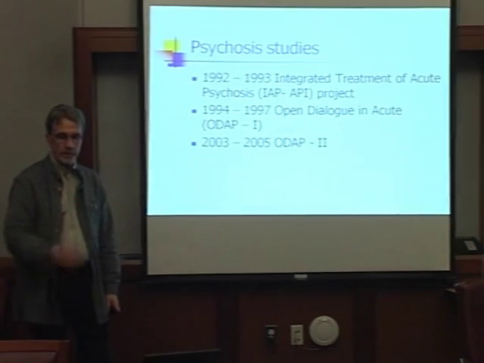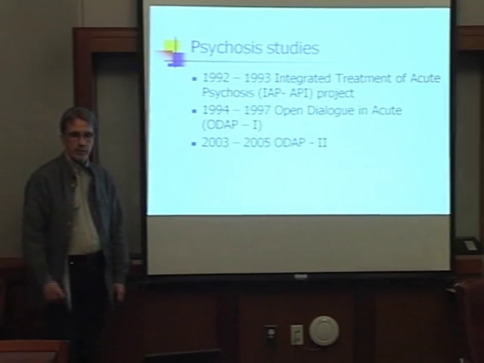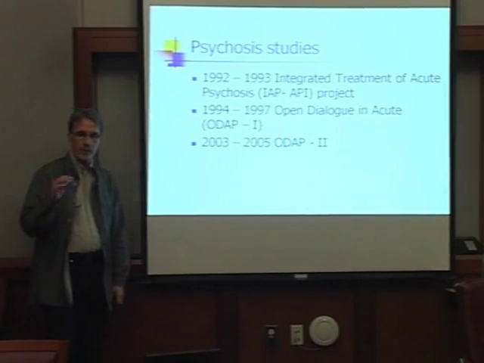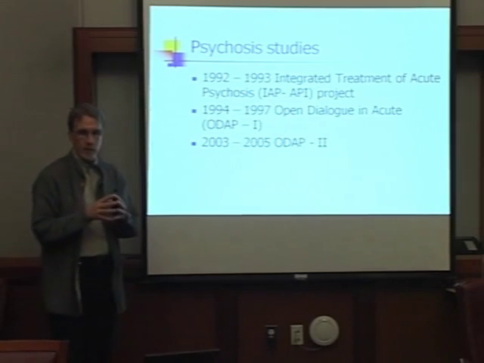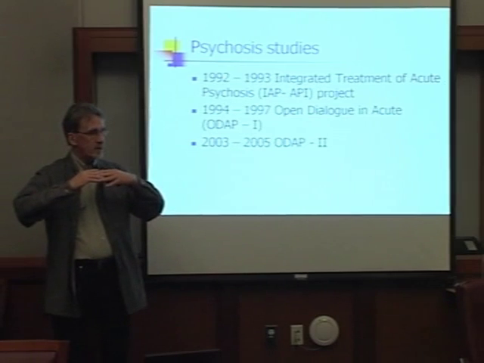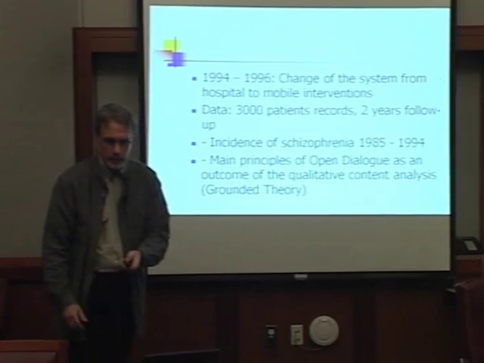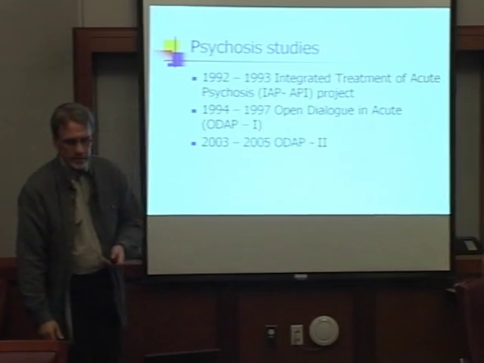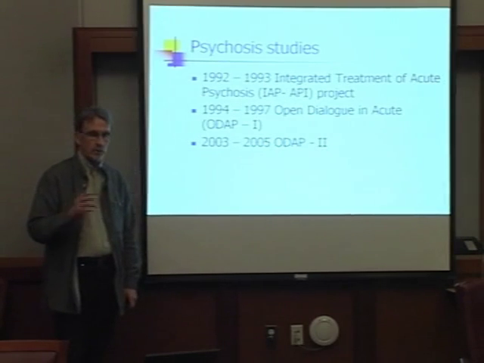And then the third period of research, called Open Dialogue in Acute Psychosis second, is a bit specific. What happened was that after we started to publish the results of the studies, we were criticized that these results are too good and cannot be true.